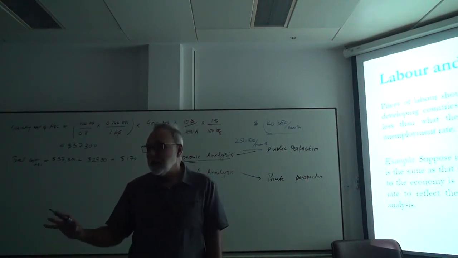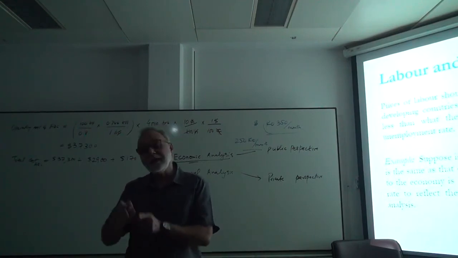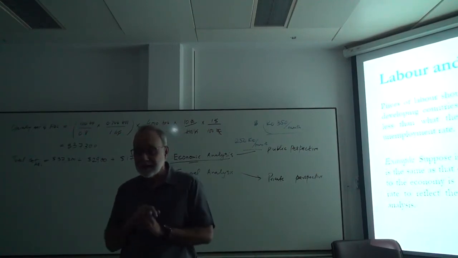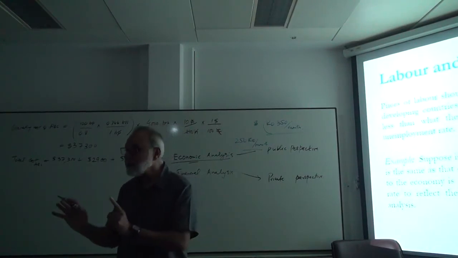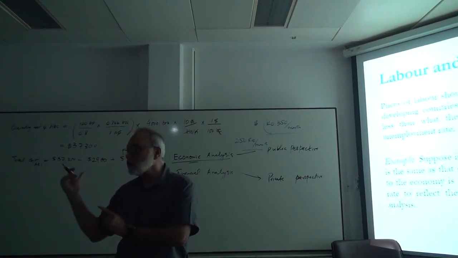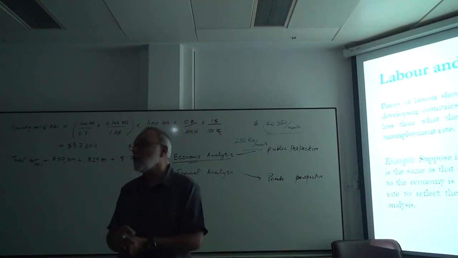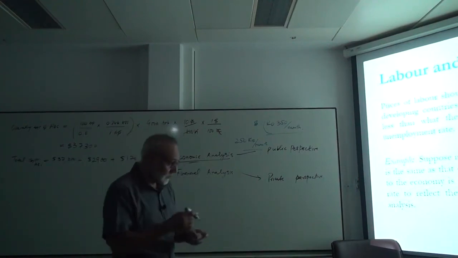Although when the project is started, they will be paid according to what the government has set, this is for analysis purposes. For analysis purposes, we will use the opportunity cost of labor, and that is maybe half the wage which the government has set.